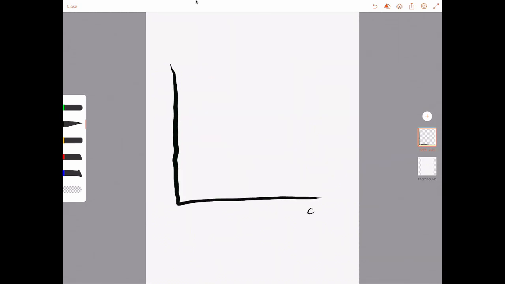Along the horizontal axis we have GDP, and along the vertical axis we have price level. The long run aggregate supply curve looks like this. It's just a vertical line straight up and down. We'll label it here LRAS for long run aggregate supply.